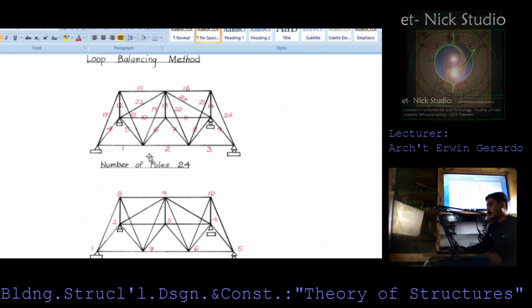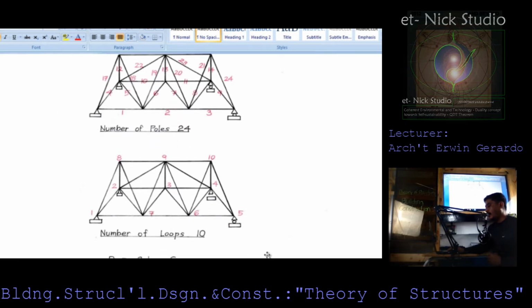So let us count it. 1, 2, 3, 4, 5, 6, 7, 8, 9, 10, 11, 12, 13, 14, 15, 16, 17, 18, 19, 20, 21, 22, 23, 24. So there are actually 24 poles.